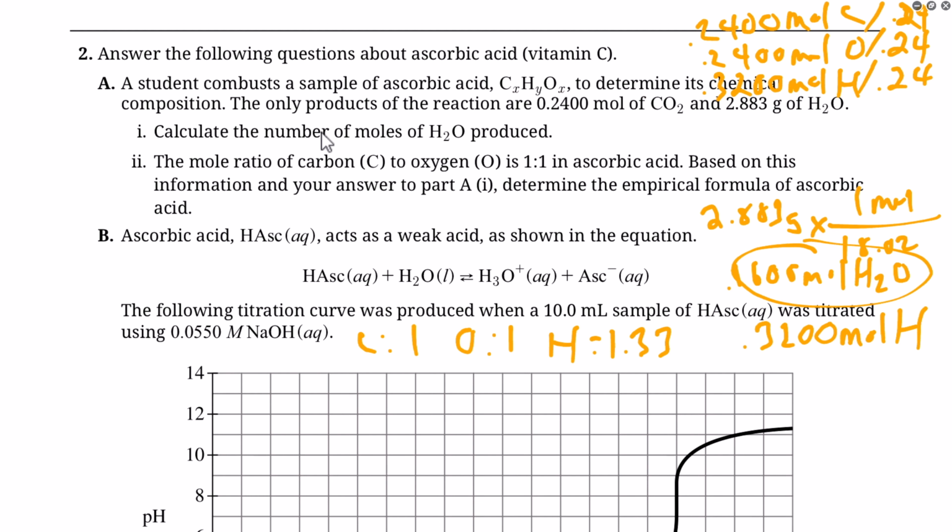And so because not all of these are equal to 1, we're going to go ahead and need to multiply all of these to get the appropriate empirical formula. 1.33, the least common multiple of that to give a whole number is 3. So we're going to take all these values and multiply them by 3. So what I end up with for my empirical formula is C3H4O3.